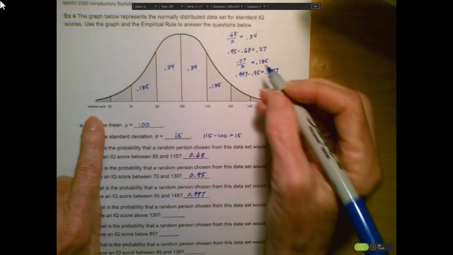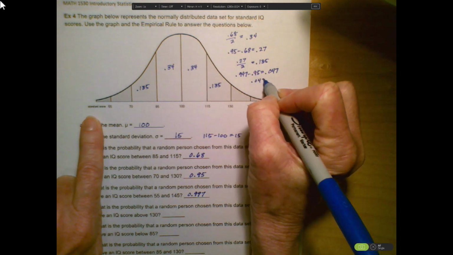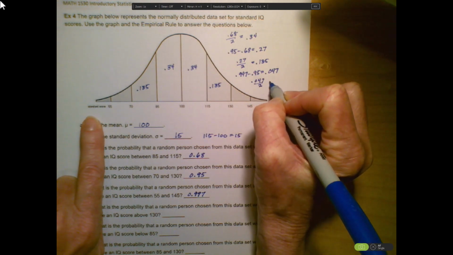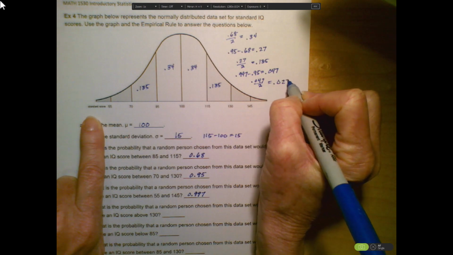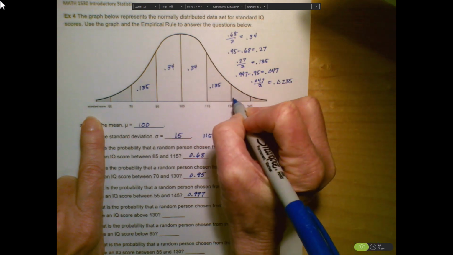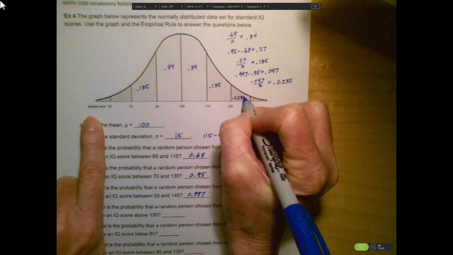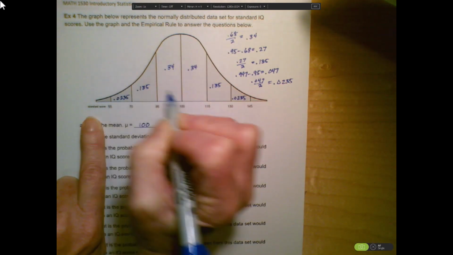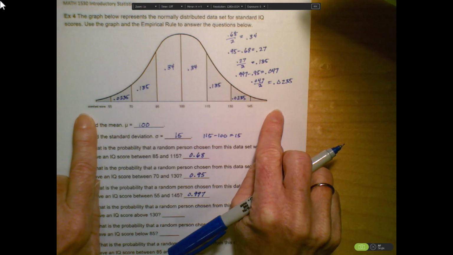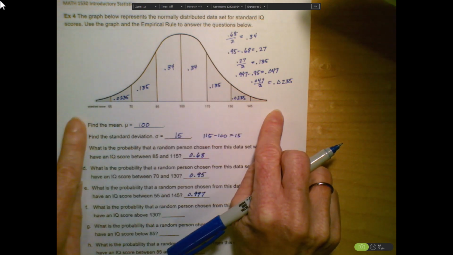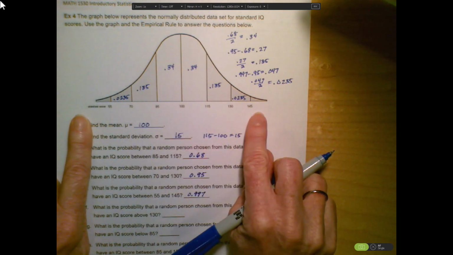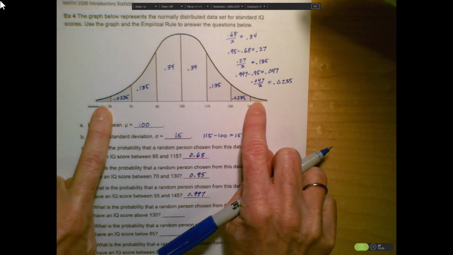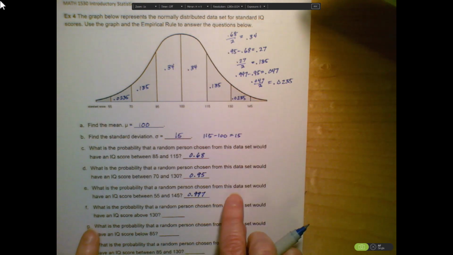So we have to split it: 0.047 divided by 2 is 0.0235. So this little piece is 0.0235, and this little piece is 0.0235. This is always the case for every single empirical rule. This would break down exactly the same. Okay, we've just got these two little tiny pieces in the tails left.